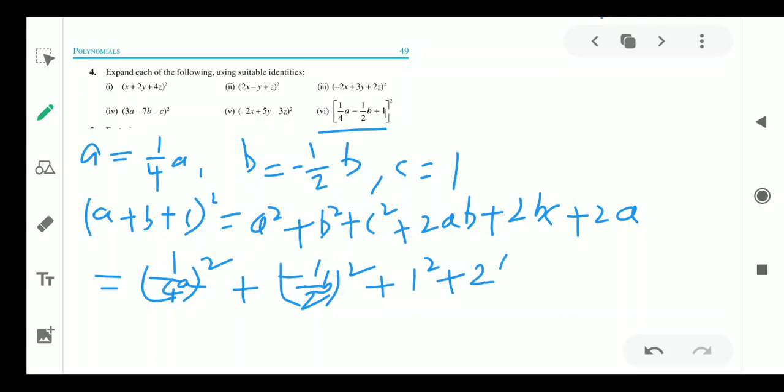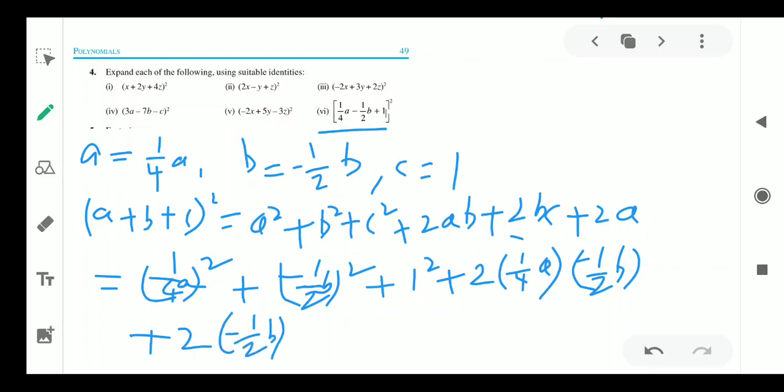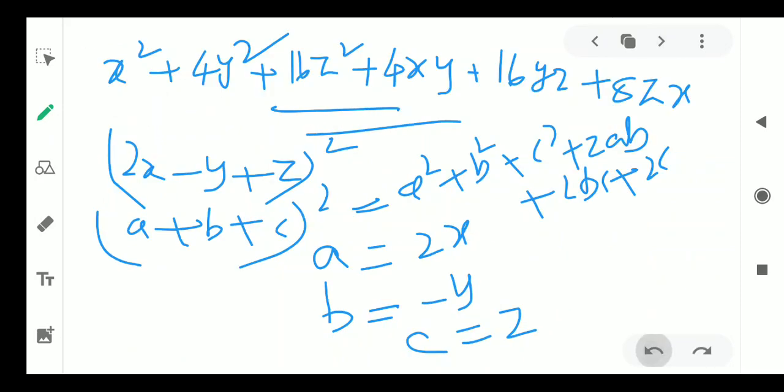Plus 2, a is 1/4 a, b is −1/2 b. Plus 2bc, b means −1/2 b, c means 1. Plus 2ca, c means 1, a is 1/4 a. Okay, see here. Now we will solve this.